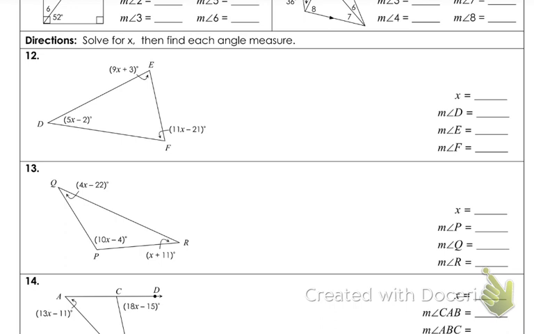Very first thing we learned today, we learned that 3 angles of a triangle add up to 180 degrees. So on a problem like this, I know angle plus angle plus angle equals 180 degrees. I need to set up an equation to solve for this.